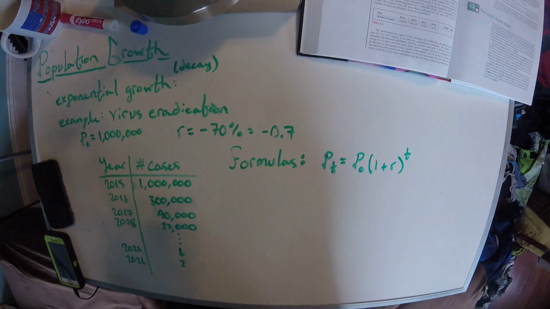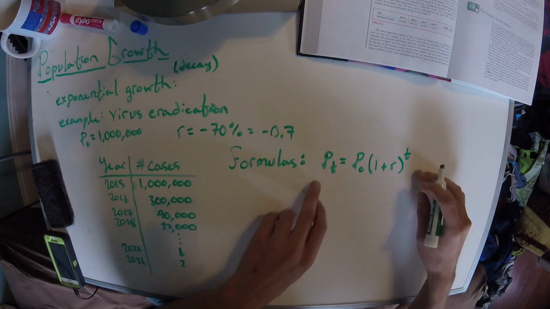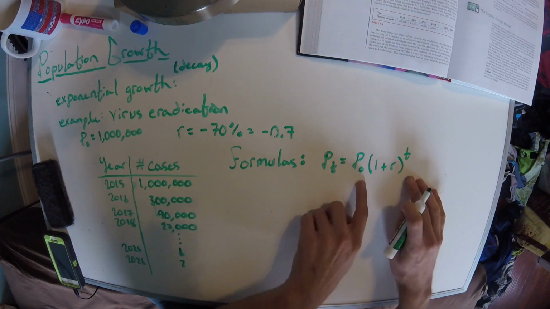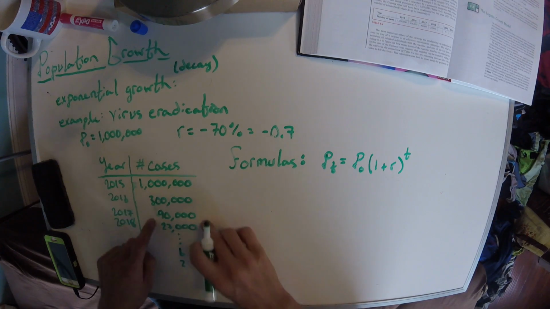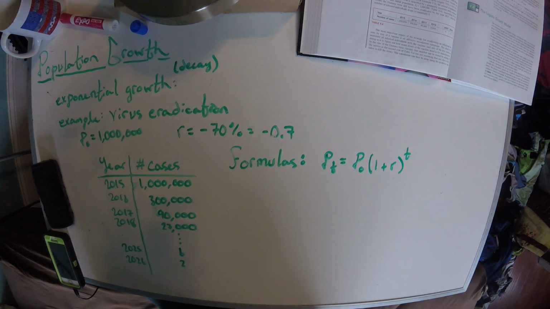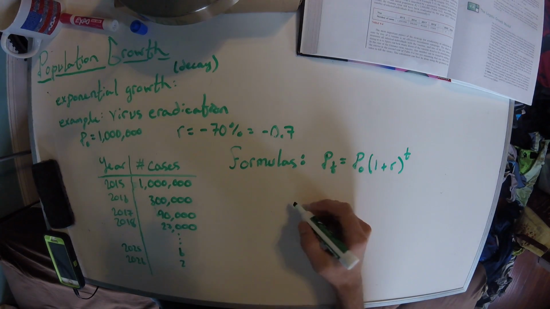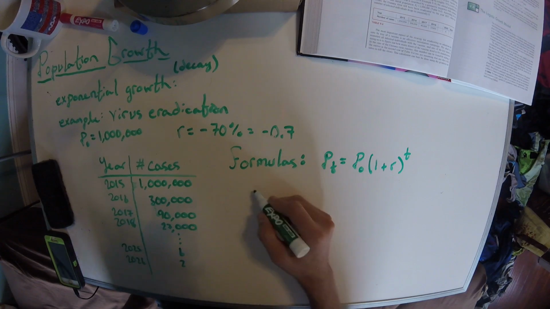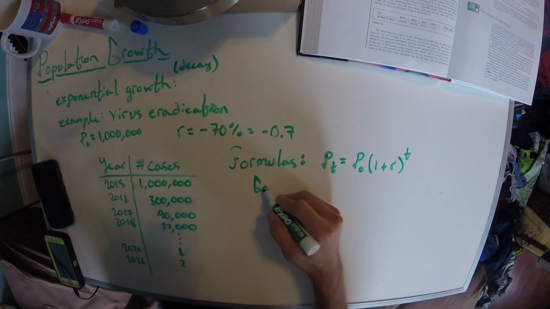This is very similar to the compound interest formula, and comes from the compounding of that rate change. So the sum, and this is called the geometric sum formula.